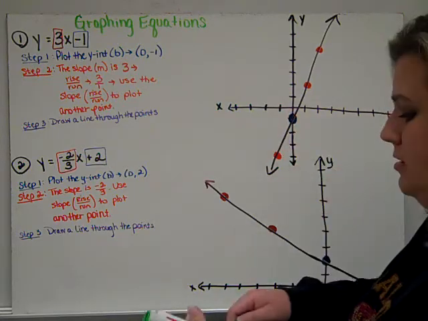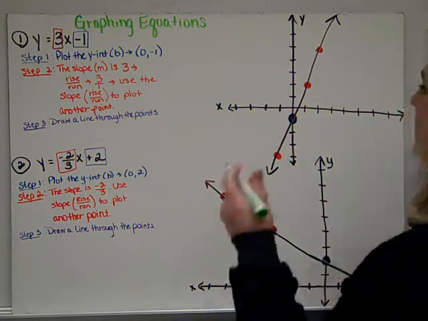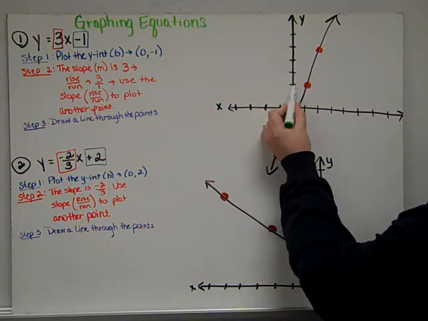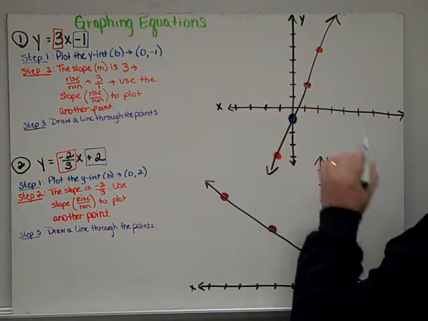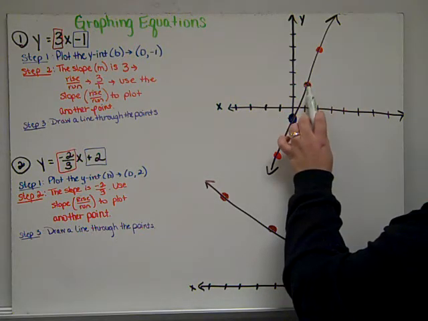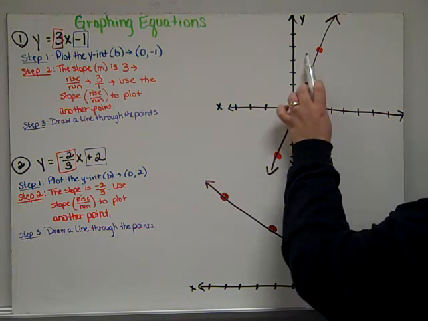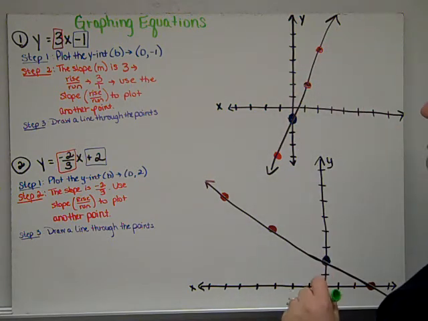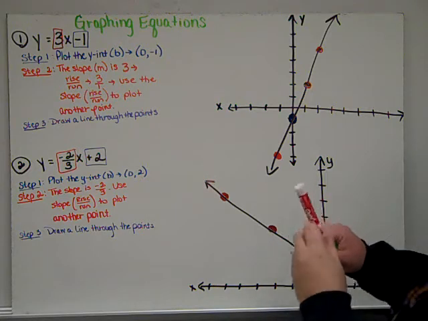So here's my b. So when I rise 3, 1, 2, 3, and I run 1. That's where that other point came in. From that point, rise 3, 1, 2, 3, and I run 1. I could keep going and obtaining points on this line.